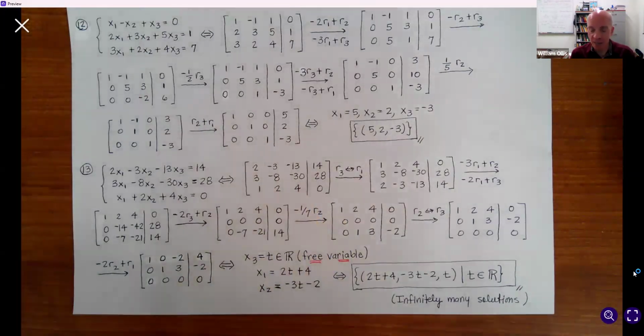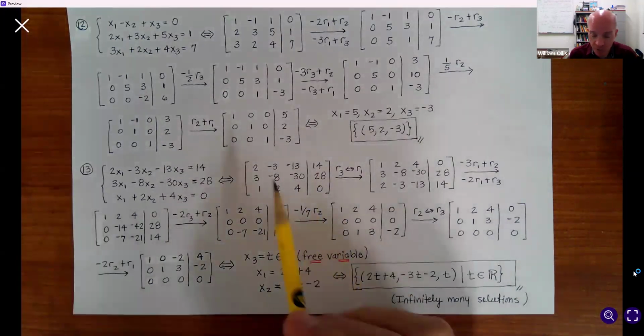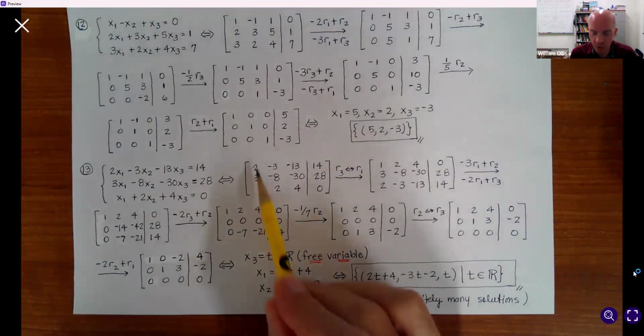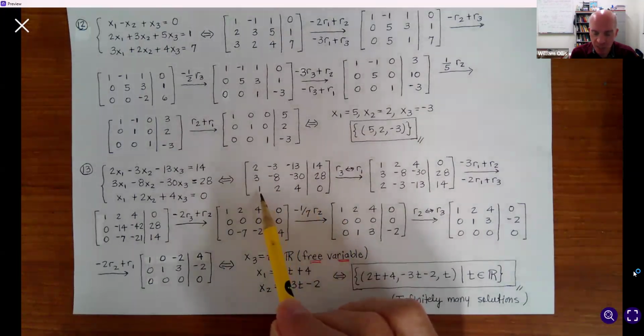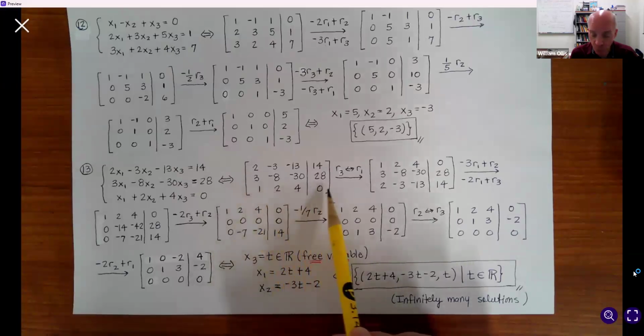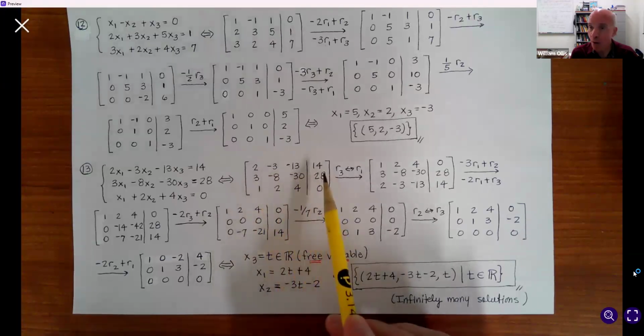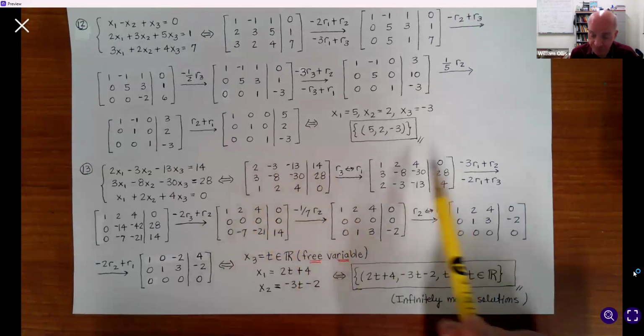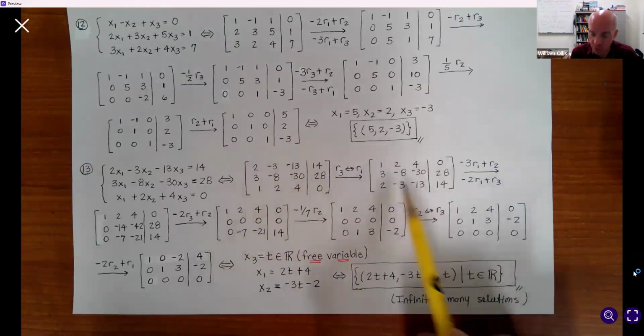Now, like in the previous problem, we do have a leading 1, but it is not in the position that we would like in order to create zeros. Because we have the luxury of a 1 in the first column, we can simply interchange row 3 and row 1. That is, move row 3 to the row 1 position and vice versa. So this will give us a new matrix where rows 1 and 3 have been reversed.